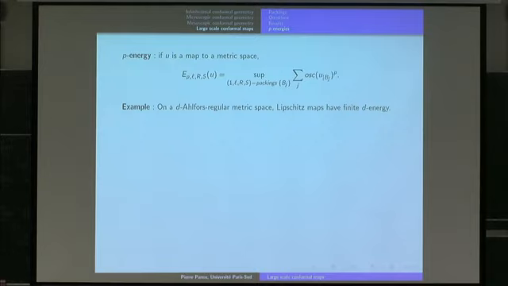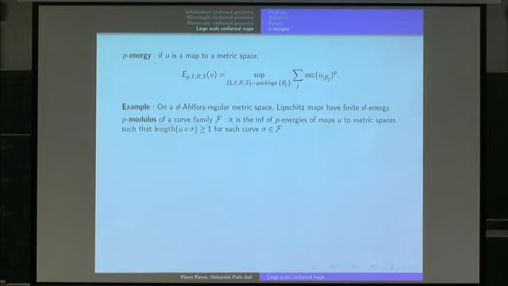So once you have this notion, there is a whole theory of associated notions. The modulus of a curve family. So these were the kind of tools that Grötzsch used in the early 1920s.